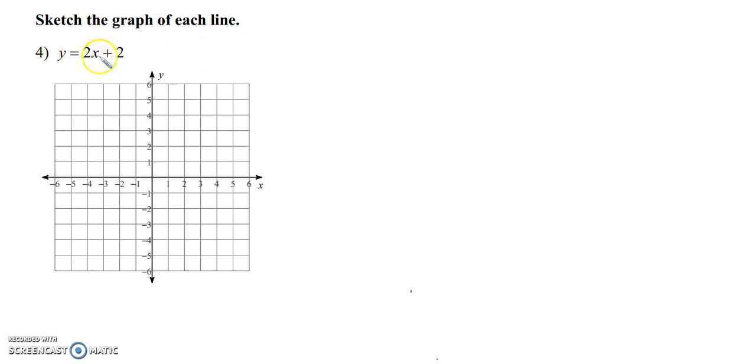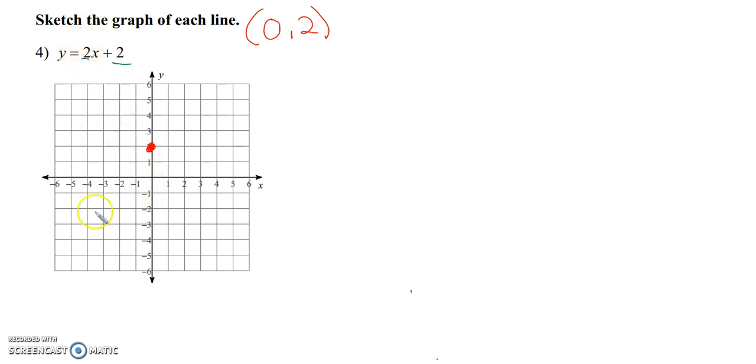So for number 4, they're giving us the equation in slope-intercept form, so we can use that. We can plot the y-intercept and then use the slope to find another point on the line. So my y-intercept is +2. So on your y-axis, I'm going to plot this point, +2. So again, that just means when x is 0, y is 2. Now I can use the slope to find another point.